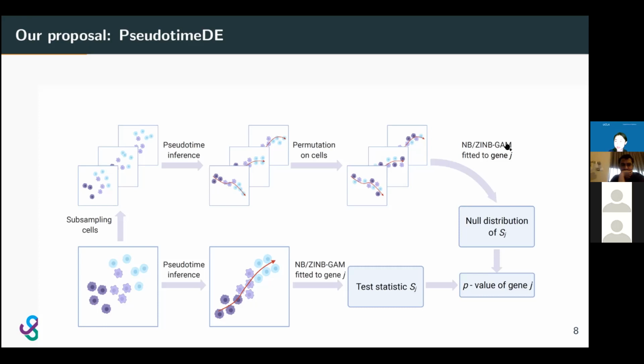Then we fit the same model to each subsample. On each subsample, we observe a value of the test statistic from those null subsamples to obtain the empirical null distribution of the test statistic. Putting our observed statistic value from the whole sample into the null distribution, we can compute the p-value. So essentially, it's a subsampling and permutation-based way to approximate the null distribution.